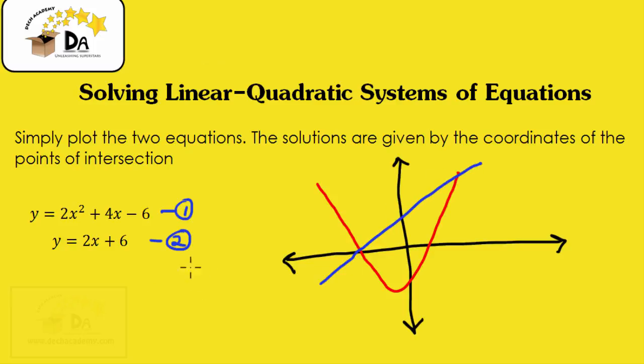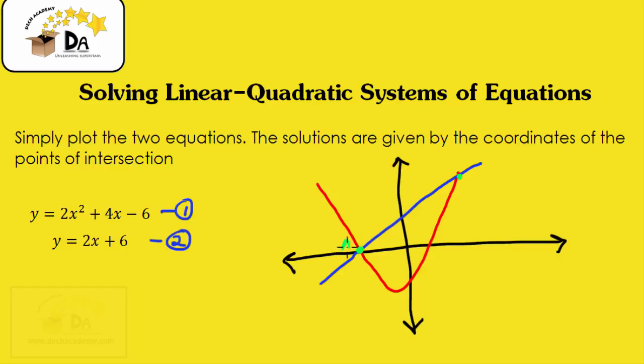When you do such a plot, make sure that the plots of your two graphs are such that you can see all the intersections of the two graphs. Here we can see that the straight line intersects the red curve at 2 points. The solution to the system of equations is just the coordinates of the points of intersection.